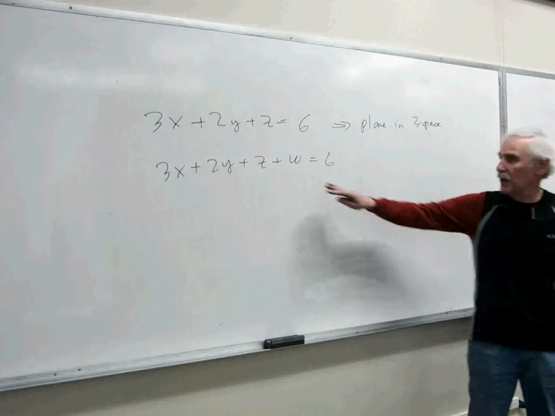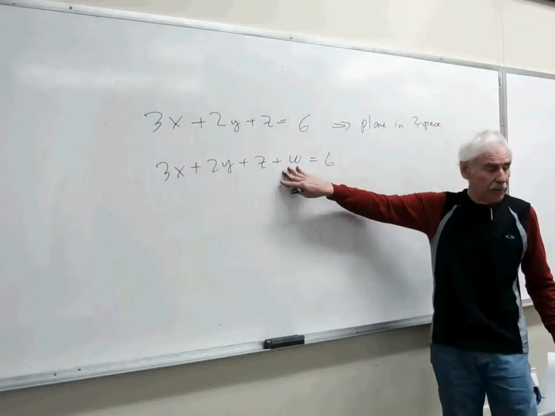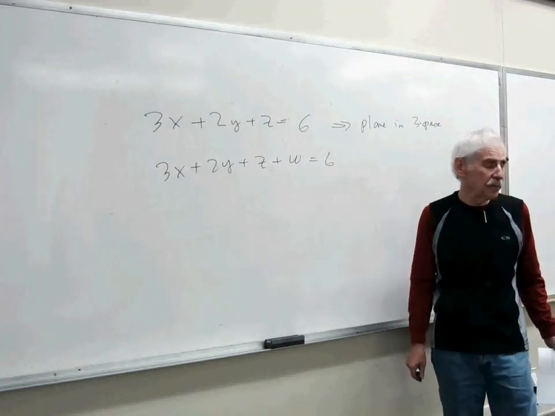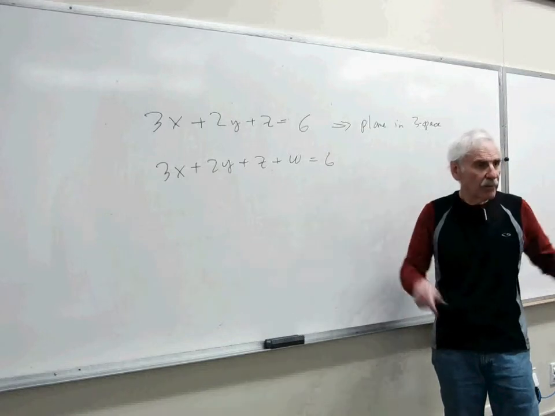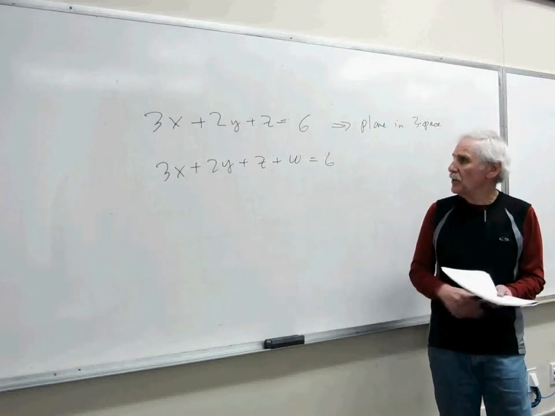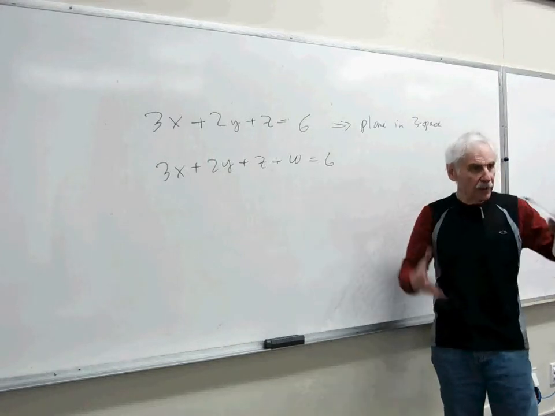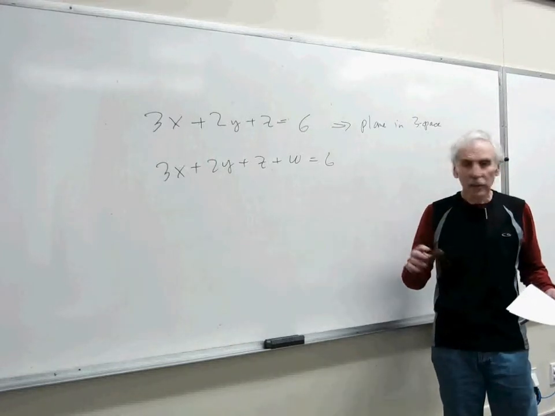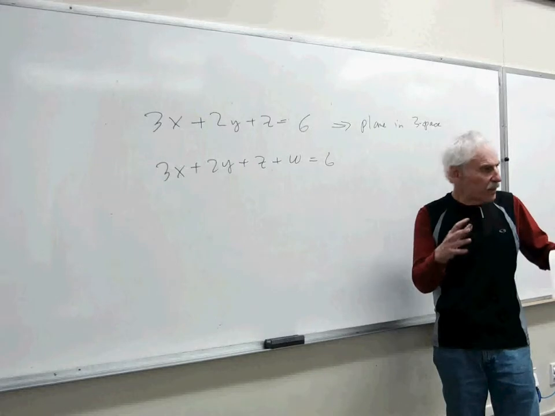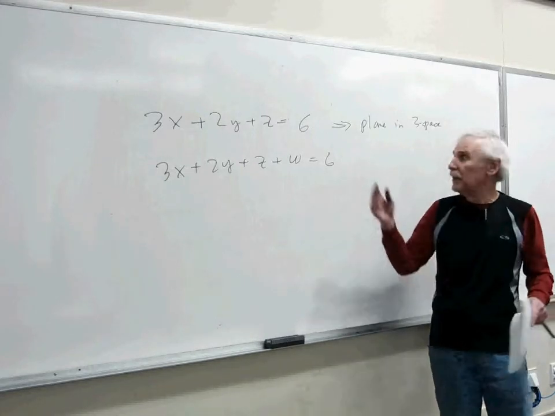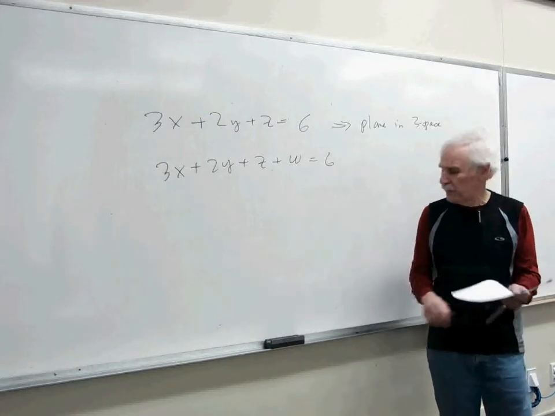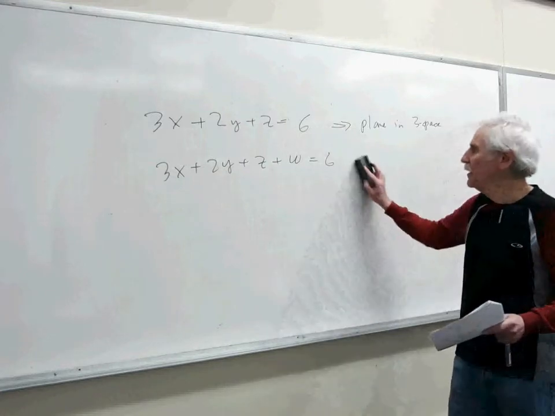This would actually be a solid in 4-dimensional space. Is there a name for that? Is that a quad or something? No, just a solid figure. It could be a box, but it lives in 4-dimensional space. Too hard to comprehend.